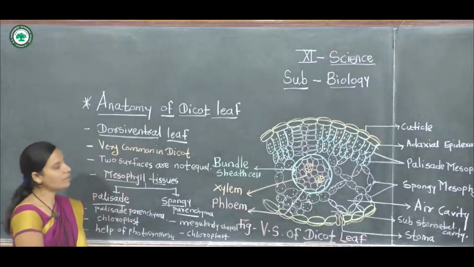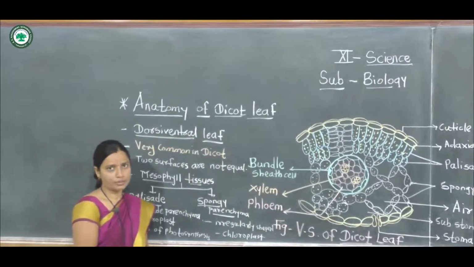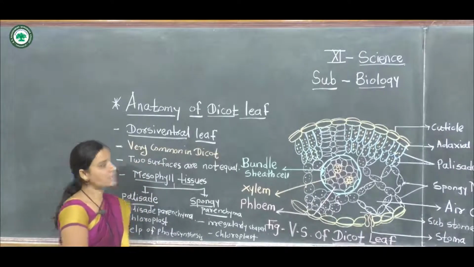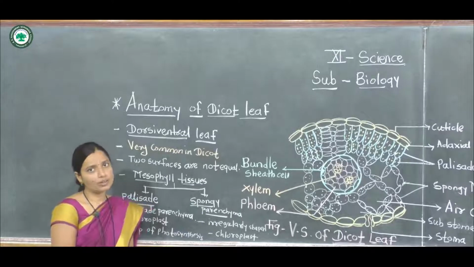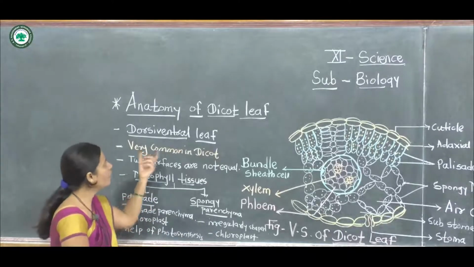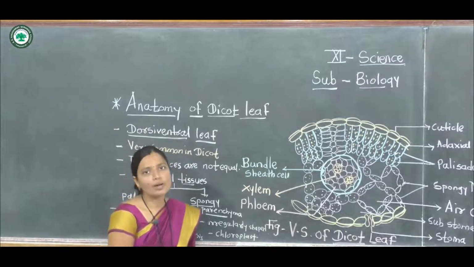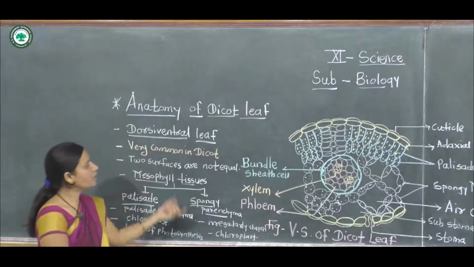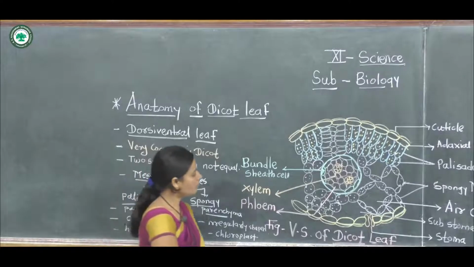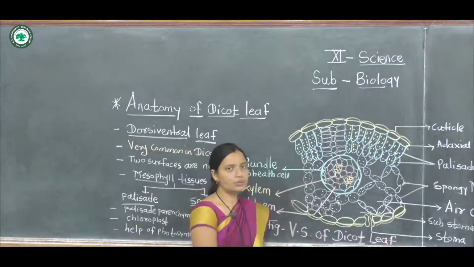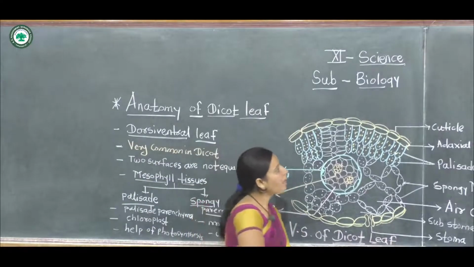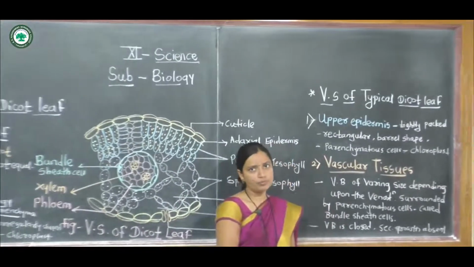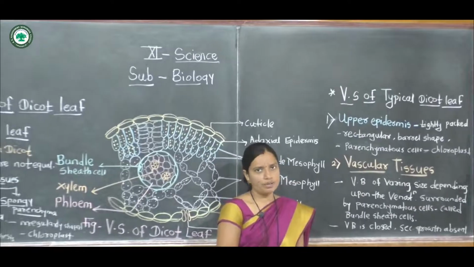This dorsiventral leaf is very common in dicot plants, where the two surfaces are not equal, and this type of leaf is called the dorsiventral leaf. This dicot leaf shows different layers and different parts.